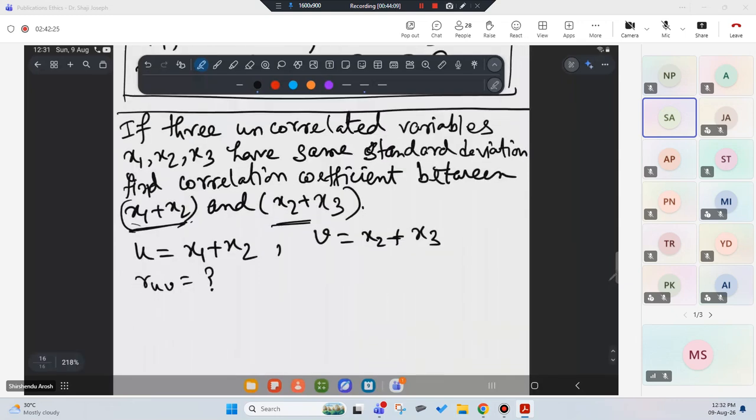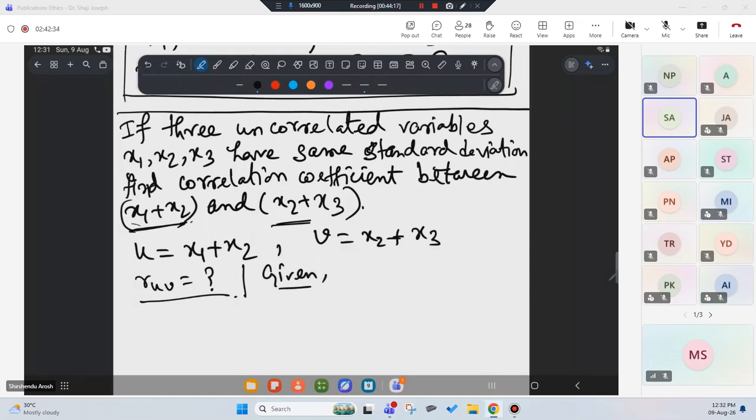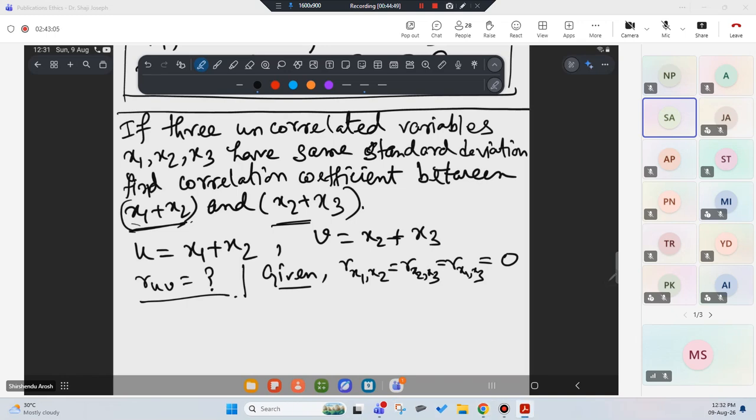Now the important part: what is the information given? First thing is that the three variables are uncorrelated. That means if I take all the possible pairs among these, those are uncorrelated. That means R x1 comma x2, R x2 comma x3, R x1 comma x3 all should be 0. That is the meaning of uncorrelated, right?